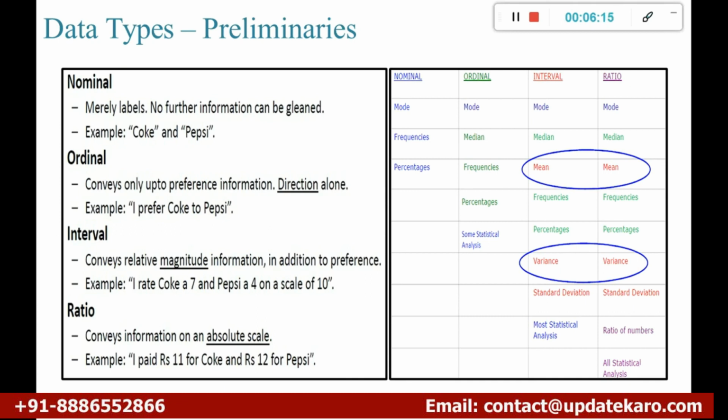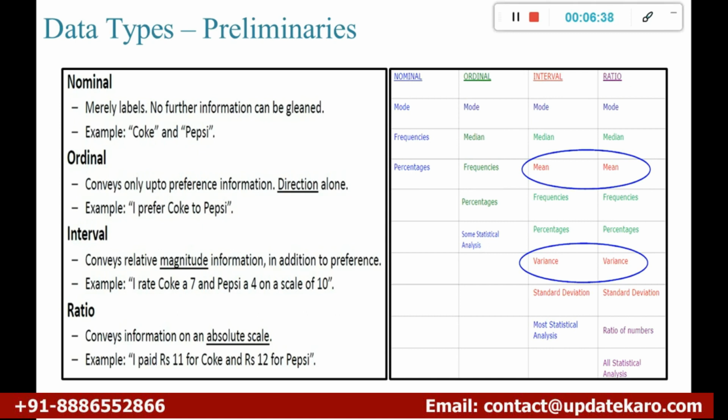So when it comes to absolute, even if it is minus 37, you will take it as 37. So Kelvin is one of the best examples as far as temperature measurement is concerned. So these are some of the preliminaries of data types.